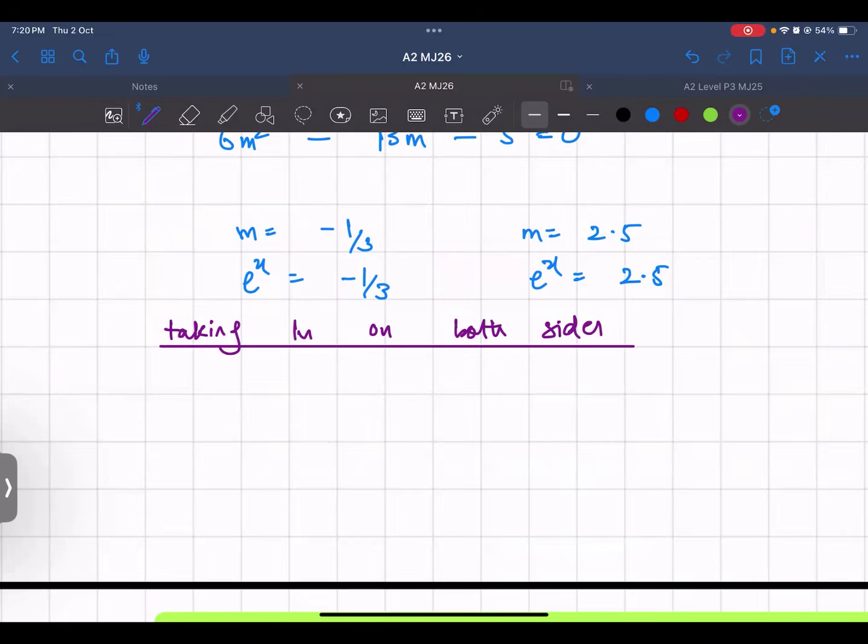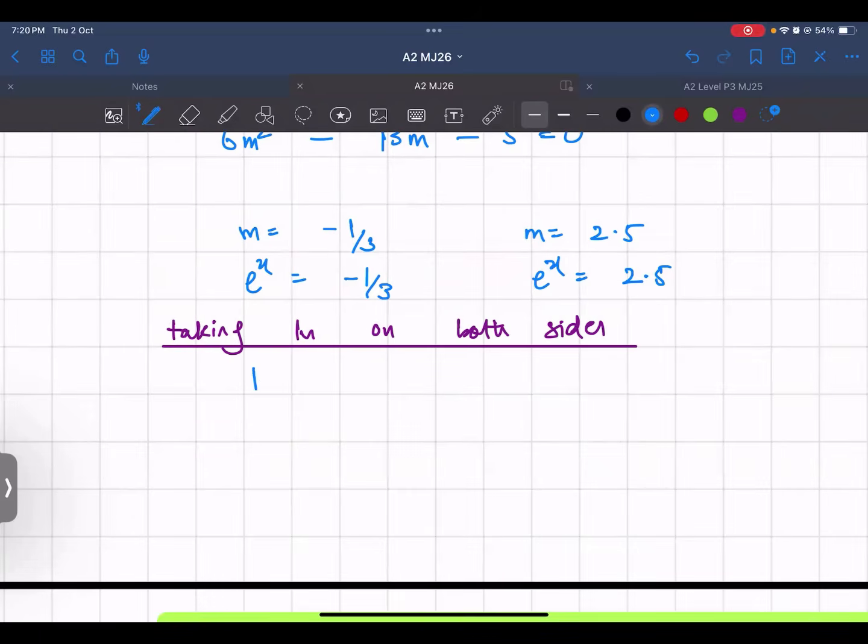There are other rules as well that you can use to solve this, but this is the best one which I used in my time a lot. So just like you can cancel out the same ln's on both sides, you can put in the ln on both sides. So ln of negative 1 upon 3. Now we know this is not solvable because the logs don't work for a negative number. So it cancels out. So ln e power x is equal to ln 2.5.